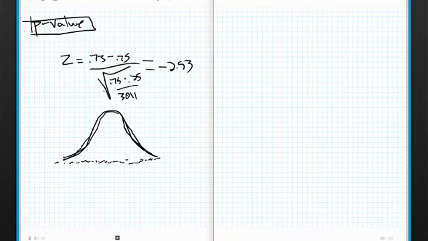With the p-value, we're going to find the probability that we get a value at least as big. My z-test statistic was negative 2.53. That tells me that my p-value is the following.